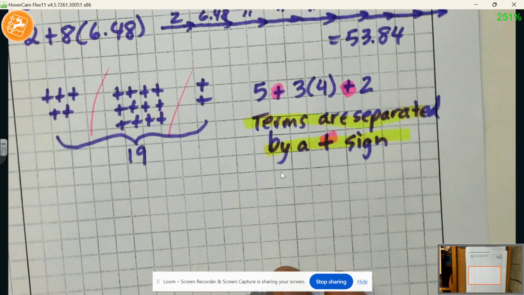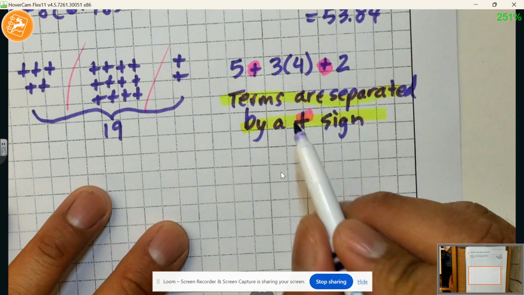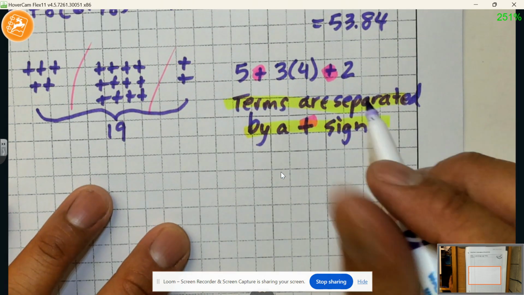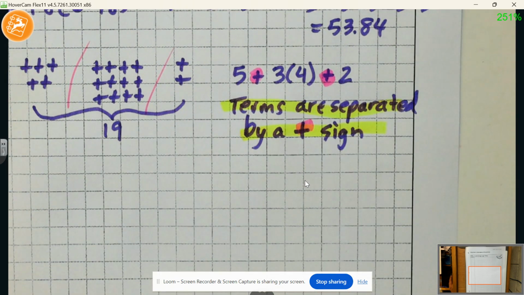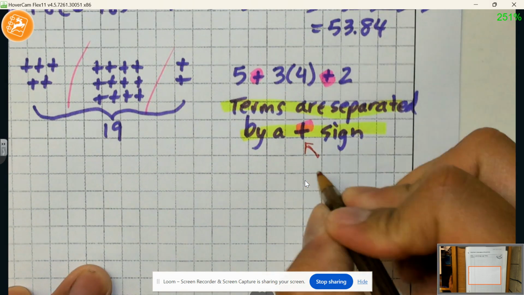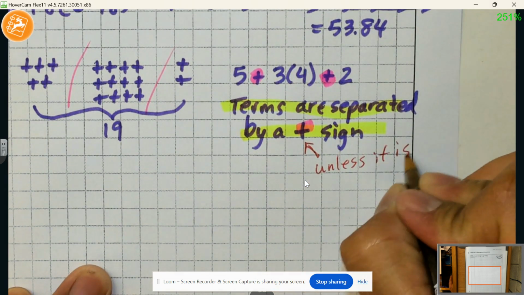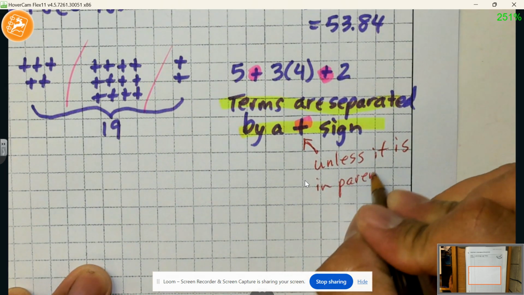Now, the only thing that would keep that from being a plus sign that separates terms from each other is unless it's separated by parentheses. So we'll put that as a side note: unless it is in parentheses.